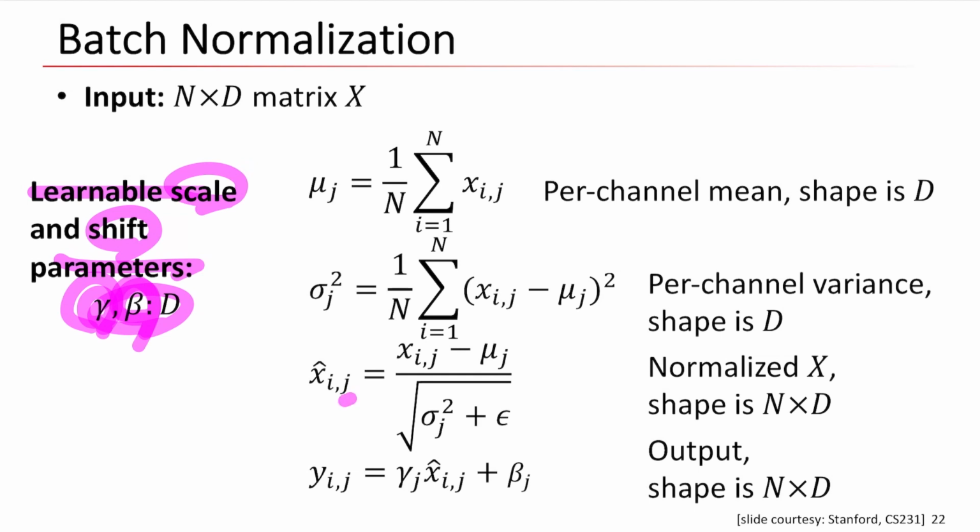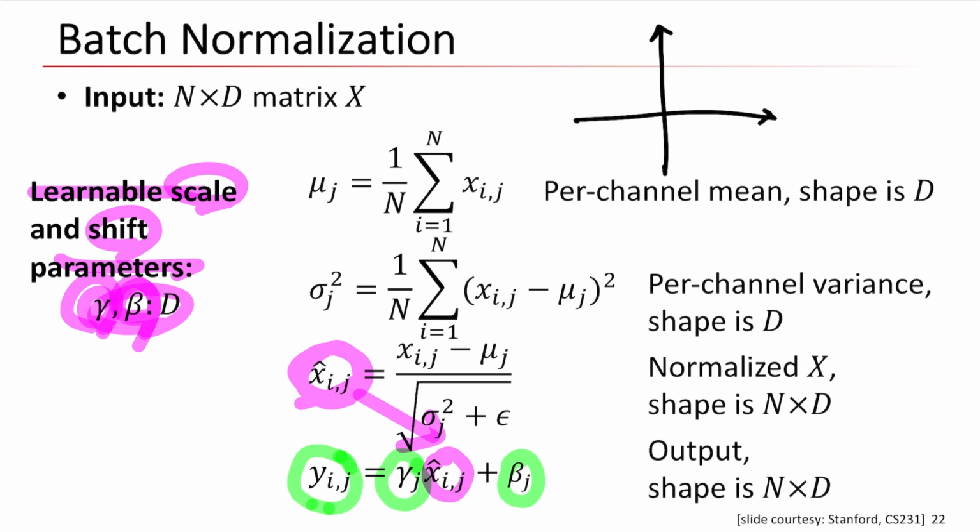So it means that from here we can shift this one by using the learnable parameters gamma and beta and generate the y i,j in another space. So what does it mean? Okay, let me say there is the training parameter set here.